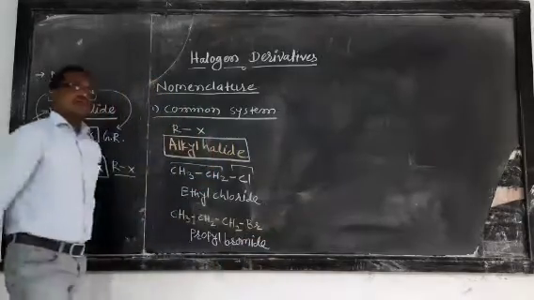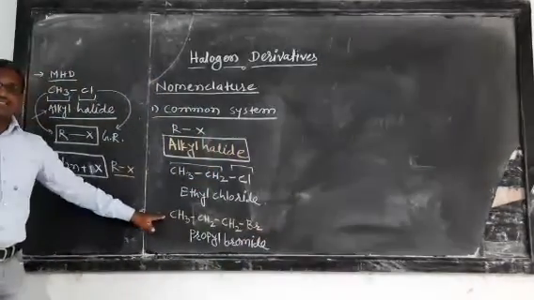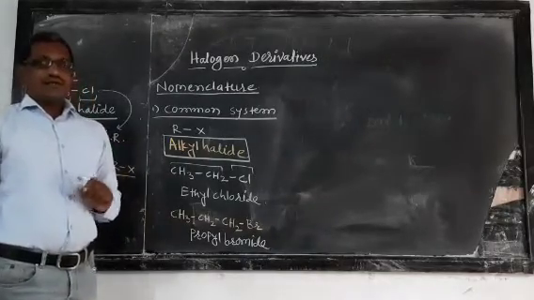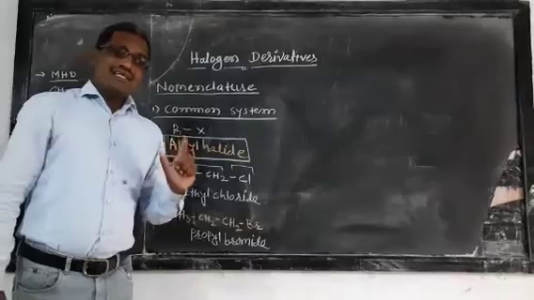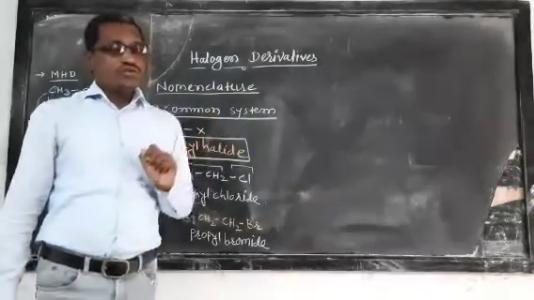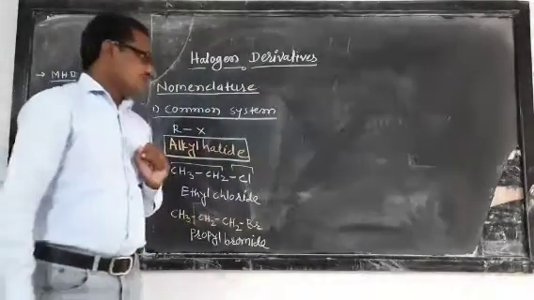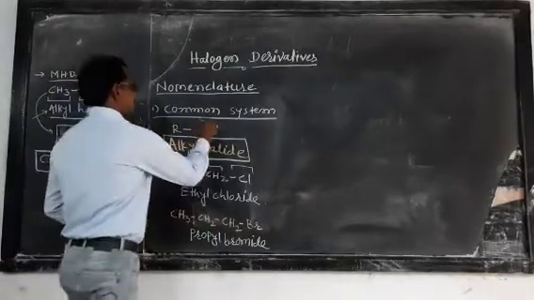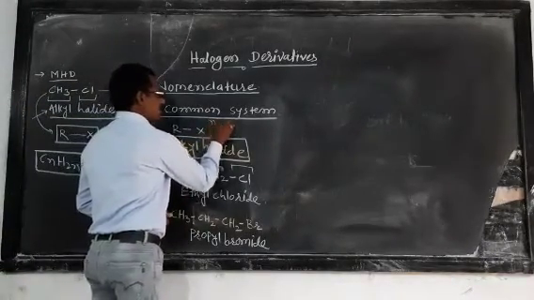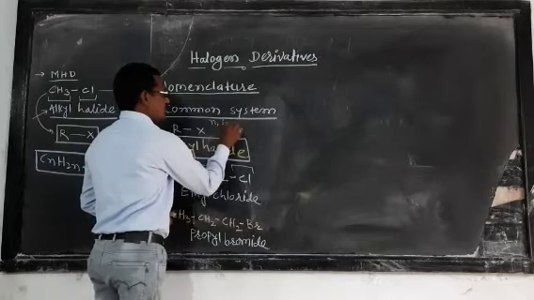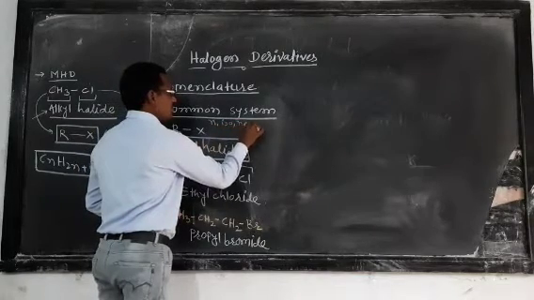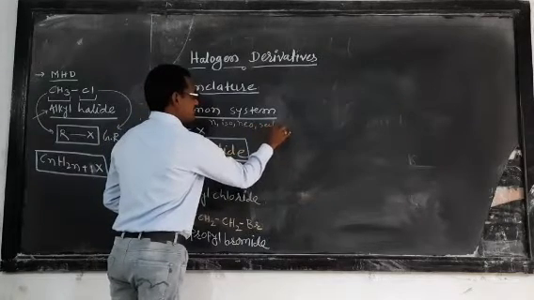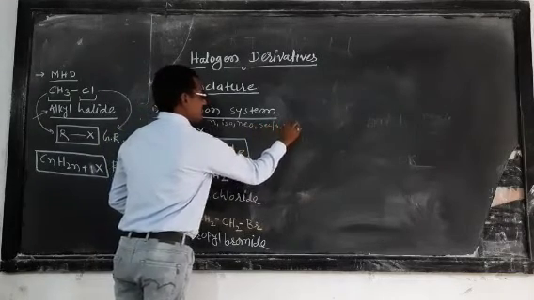But here is one twist. We studied in 11th class that while nominating any compound by the common name system, we use some prefixes like n, iso, neo, secondary or sec, or tertiary.